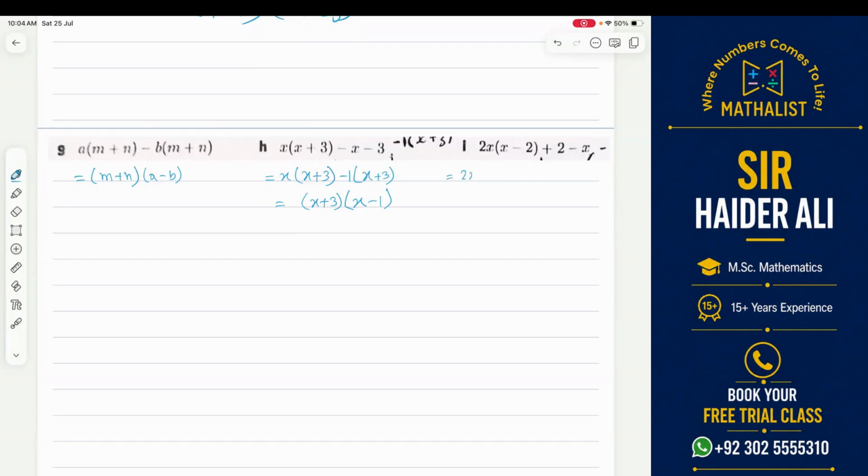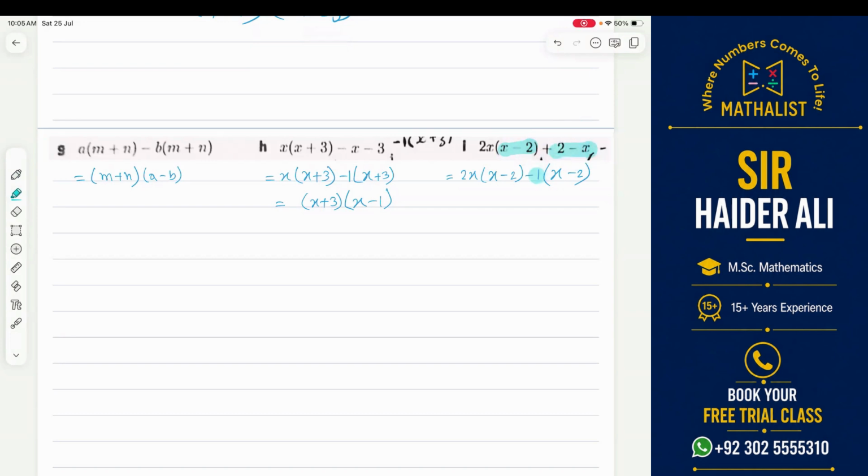Similarly, 2x, x minus 2, and from these two terms, I will write the minus 1 common. It's minus x, it becomes plus x. It's plus 2, it becomes minus 2. Okay? See here, it's x minus 2, there is no x minus 2.